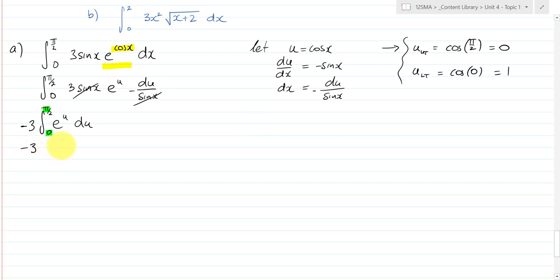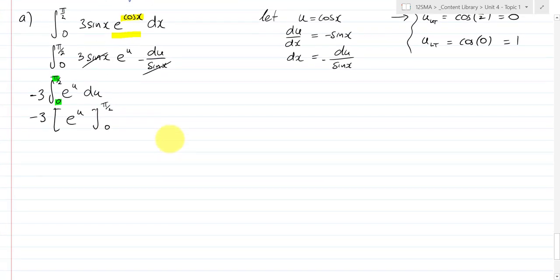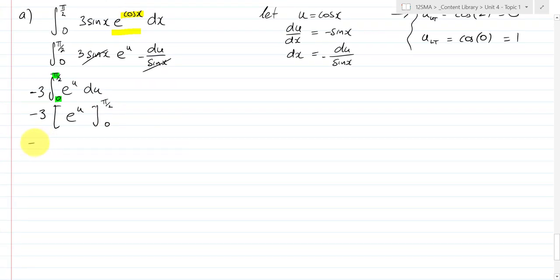So this gives me negative 3, and the integral of e to the u du is of course e to the u, how boring, between pi on 2 and 0. But I'm not going to substitute in yet because, as we said, we need to make sure we're using the right terminals.